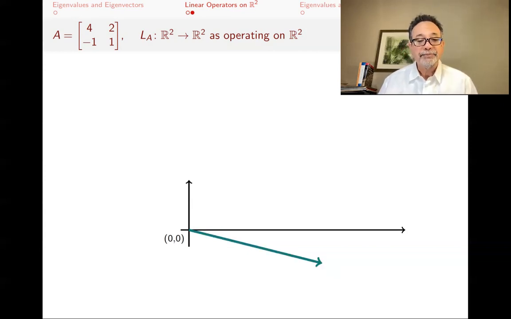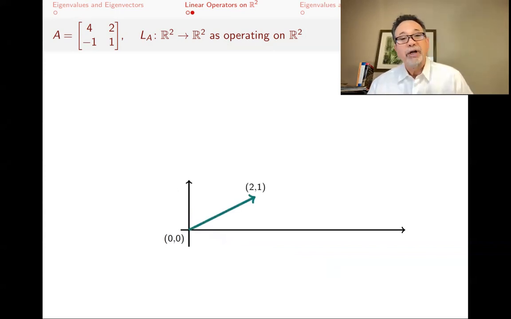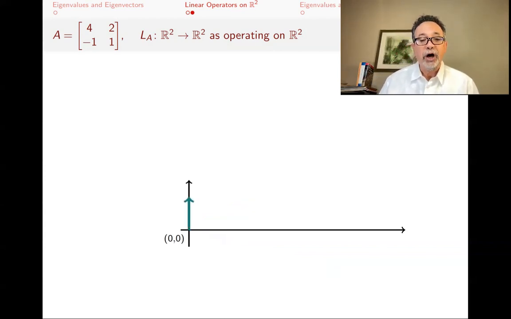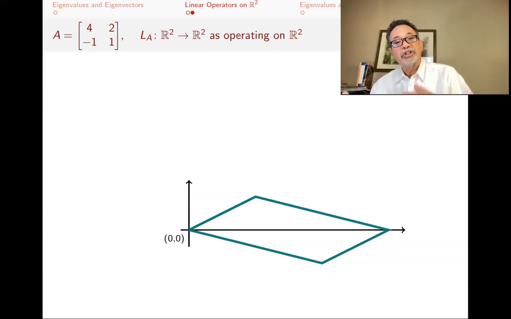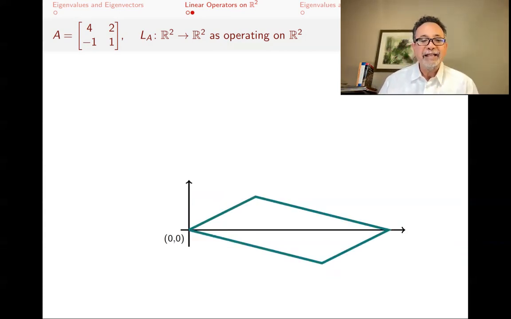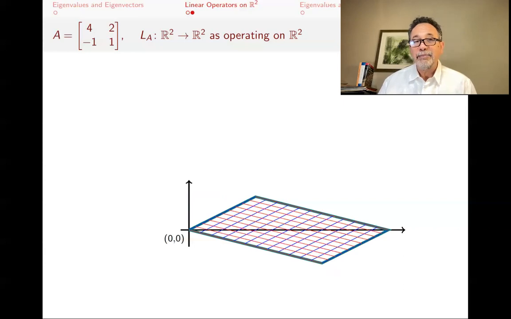And likewise, what happened to 0, 1? Well, that gets moved to this other one. It gets stretched again, but now it's going in the direction of 2, 1. And what happens to this square? Same thing. It's getting stretched, and in R2, it's turning into this parallelogram. And the same with all the horizontal and vertical lines and the boxes.